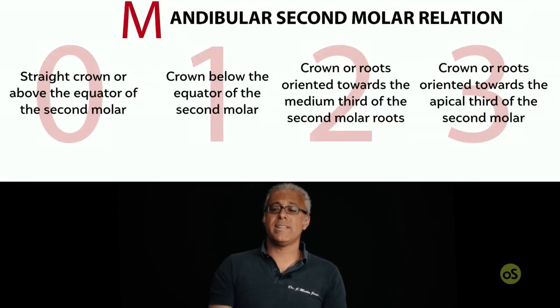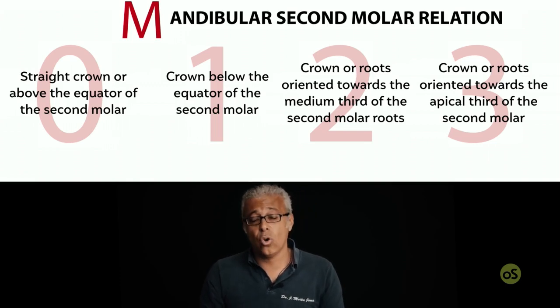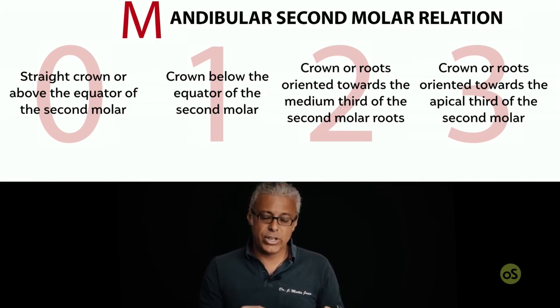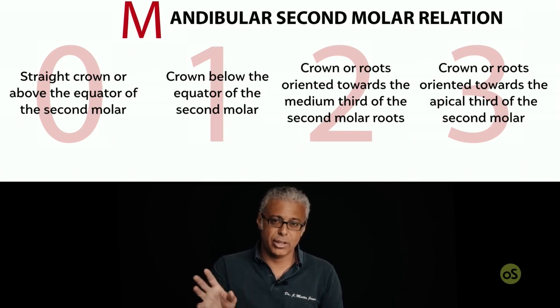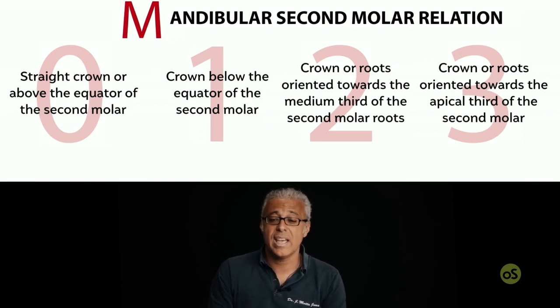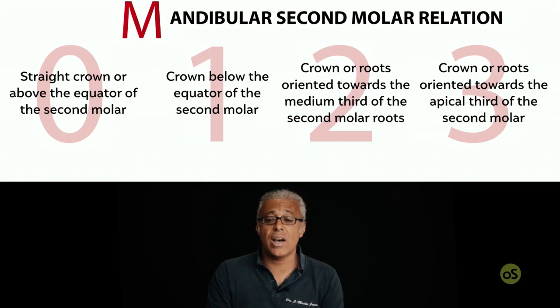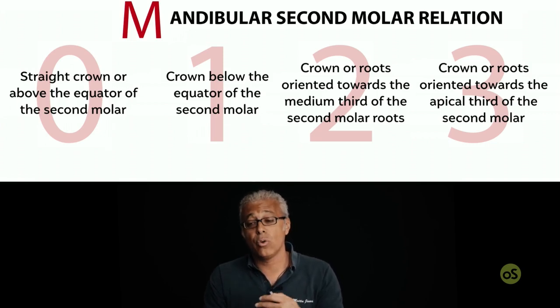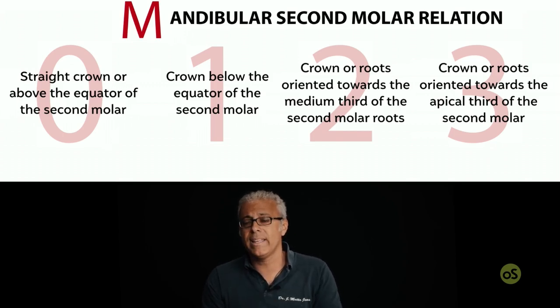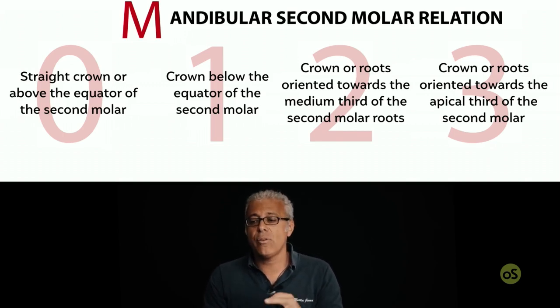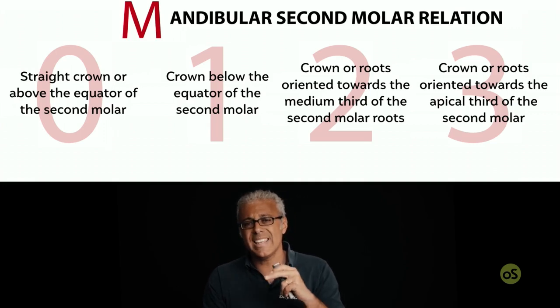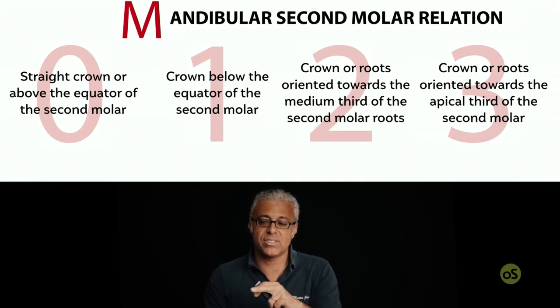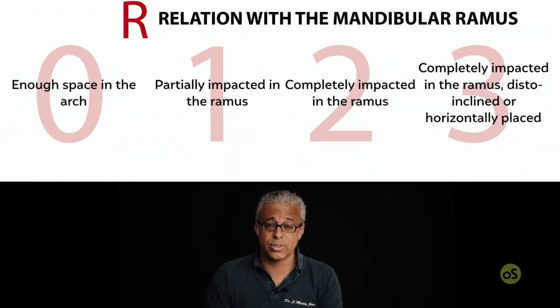The M stands for mandibular second molar relation, and it always looks at the Pell-Gregory and Winter classification. 0 is given to the straight crown or above the equator of the second molar, 1 is given to the crown below the equator of the second molar, 2 is given to the crown or roots orientated towards the middle third of the second molar roots, and the most complicated, so we give 3 points, is the crown or roots orientated towards the apical third of the second molar, so this is quite a deeply impacted tooth.